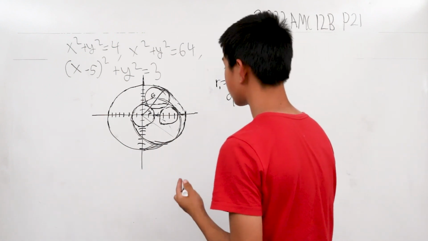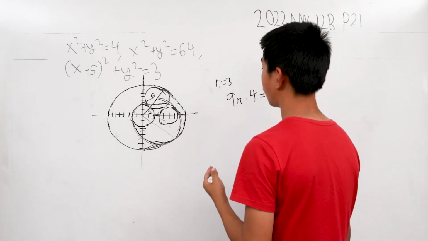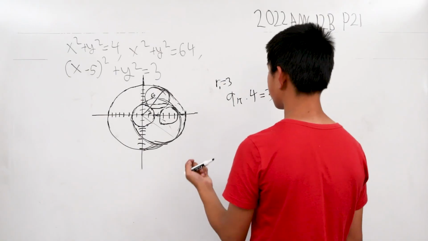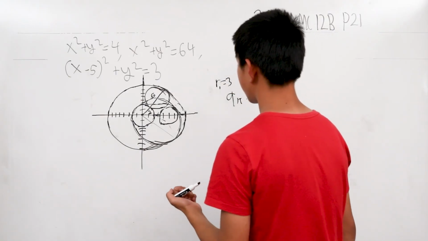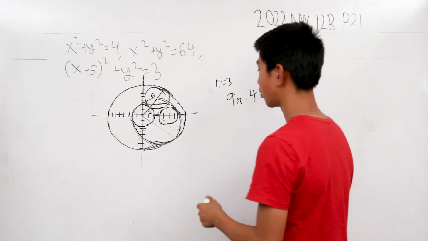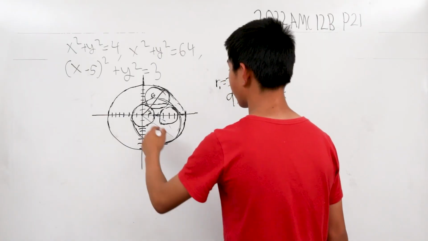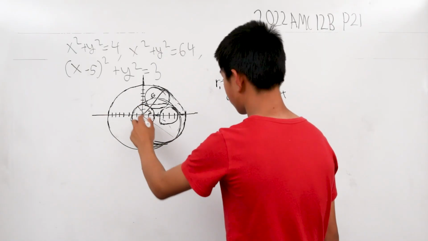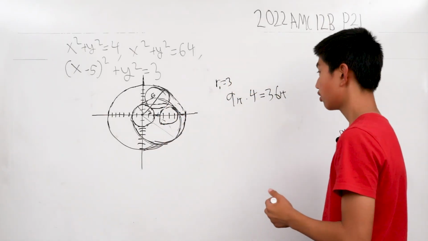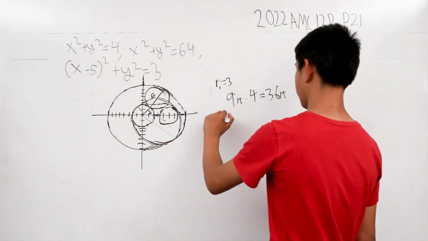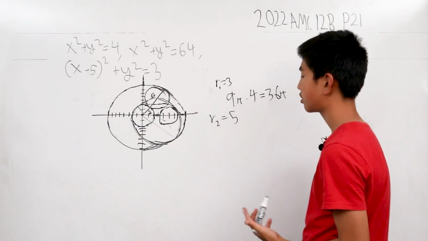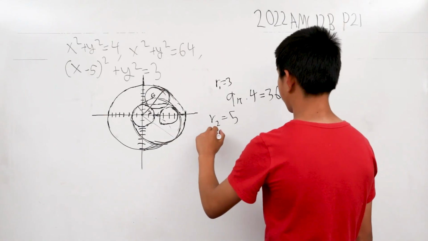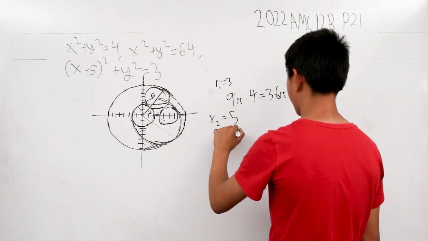The diameter is 10, so the radius is 5, because this is 2, and this is 8. 2 plus 8 is 10. So R2 is equal to 5, since the area of one circle is 25 pi.